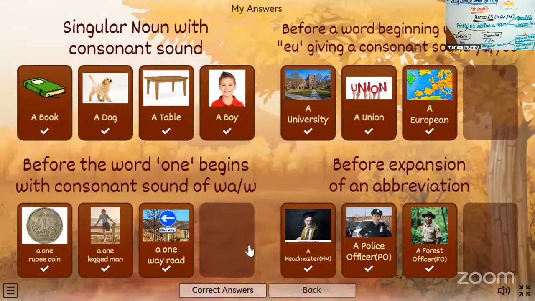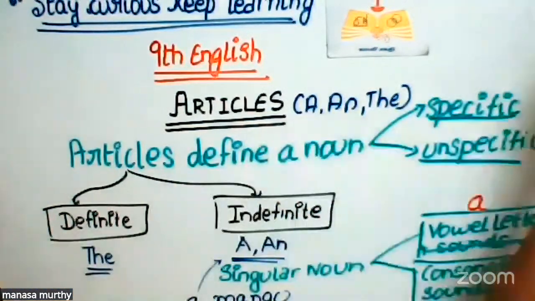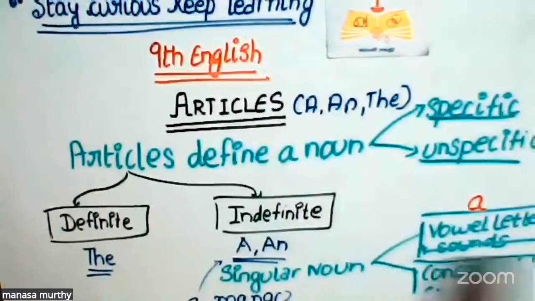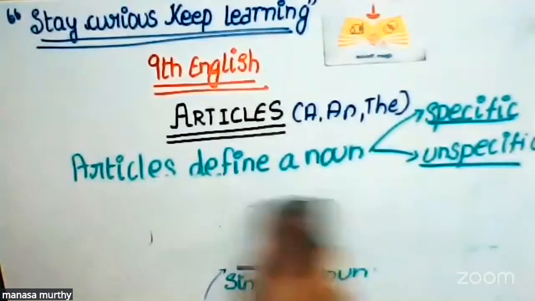Apart from these situations, we use article a in these situations as well. In these contexts also we use a. Let me write it on the board for you.